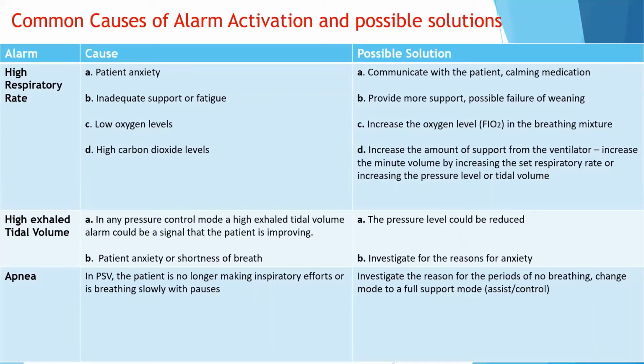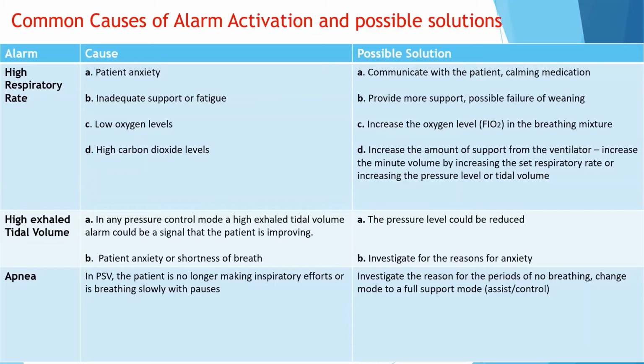A high rate can occur as well if there's inadequate support or fatigue. Again, provide more ventilation support, and it could be an indication that weaning is failing. Low oxygen levels may also cause a high respiratory rate, and the patient may need to have increased oxygen level in the breathing mixture.